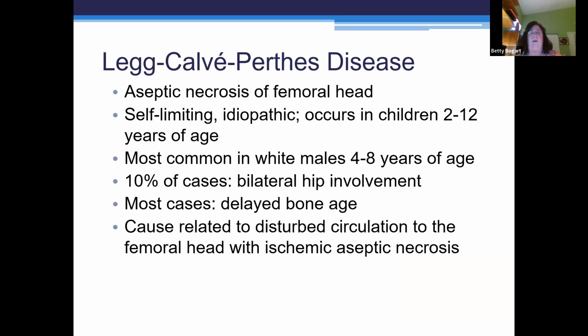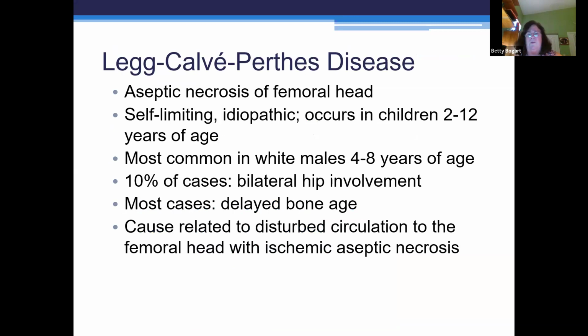Late calf birth. This is what we call an aseptic necrosis of the femoral head of the femur, which means something's happening, which is not an infection, which is decreasing blood flow to the head of the femur.